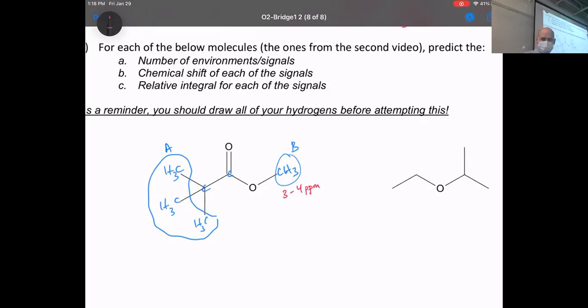Point is that it's going to be around 3 something. Right? What about these CH3s over here? Miguel, what do you think? Well, they are attached to a carbon attached to a carbonyl. Right? That's all right.